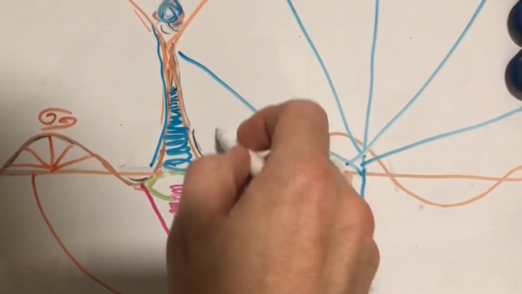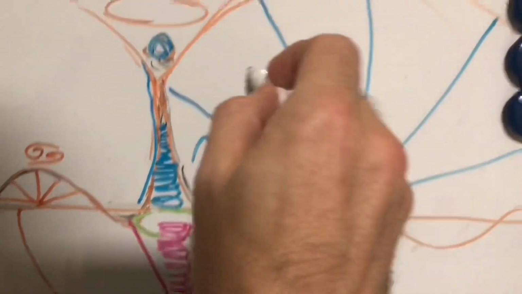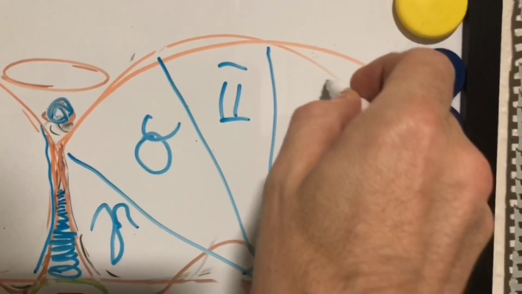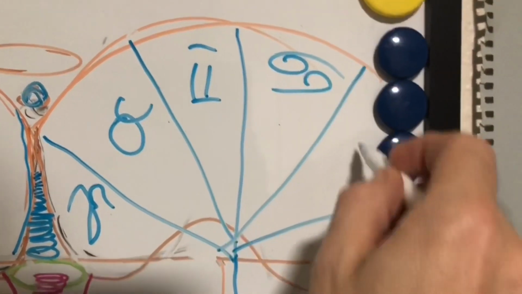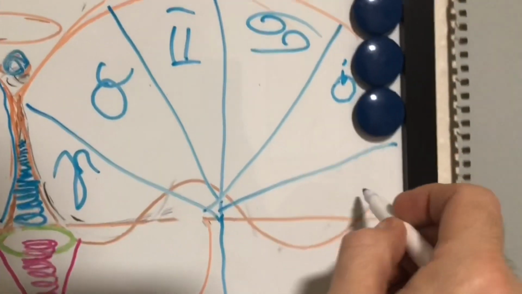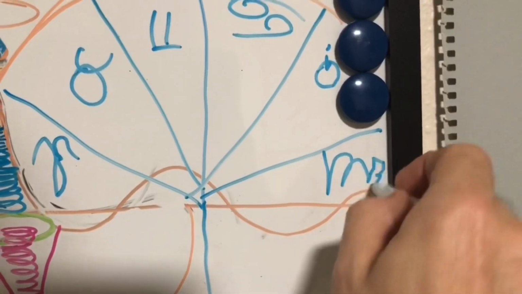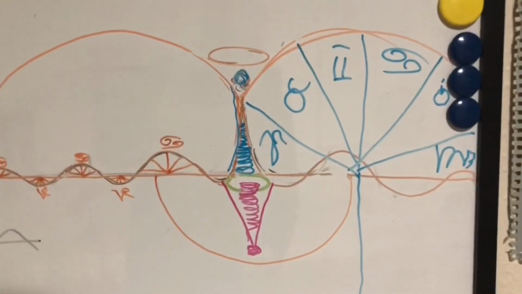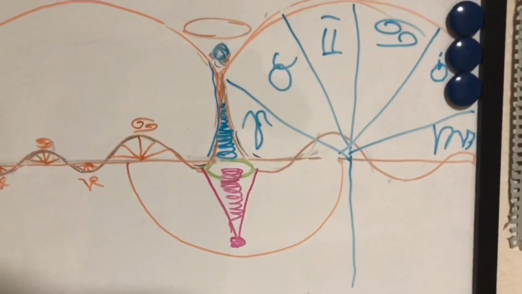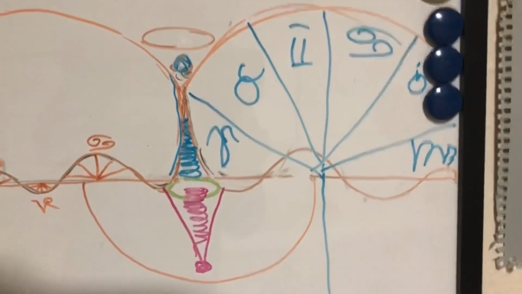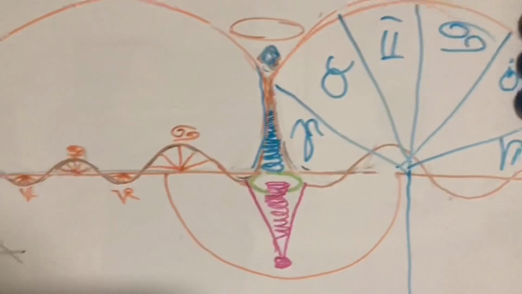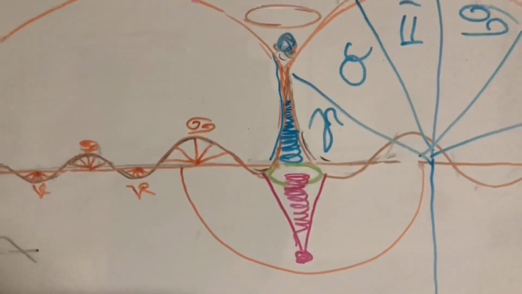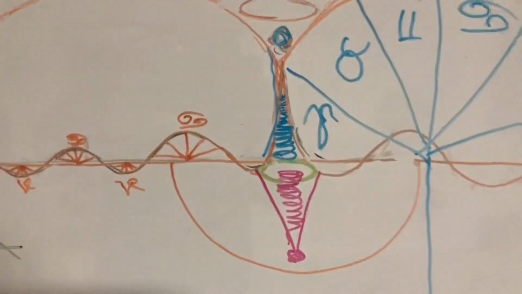You have Aries here, Taurus, Gemini, Cancer, Leo, Virgo, and the rest of them are a reflection of that, a mirror image. I hope it explains a little bit the way I illustrated here.